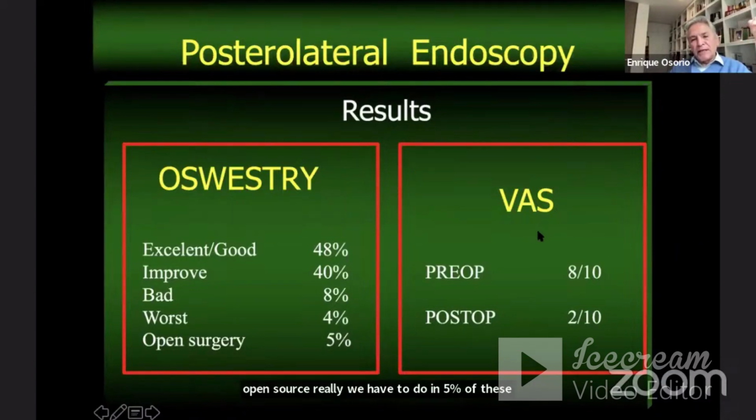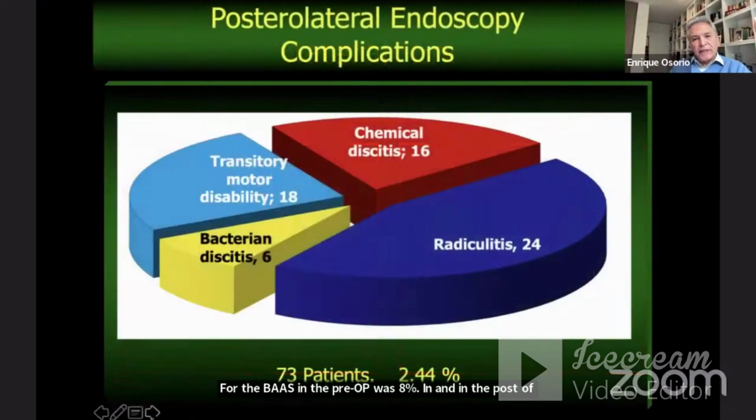For the VAS, in the pre-op it was 8 out of 10, and in the post-op 2 out of 10. And the complications were 2.44% of the patients: radiculitis in 24, chemical discitis 16, transitory motor disability in 18, and bacterial discitis in 6 patients.